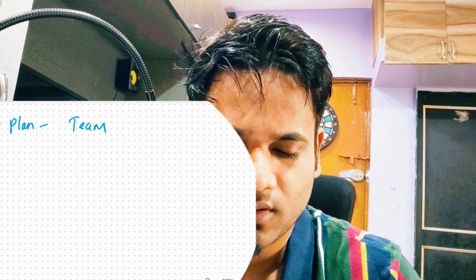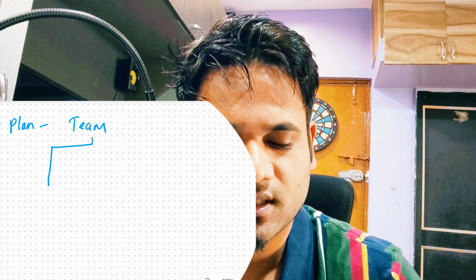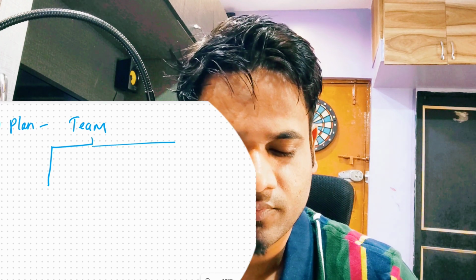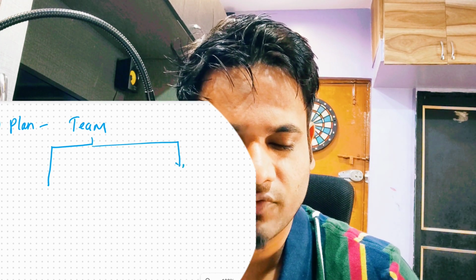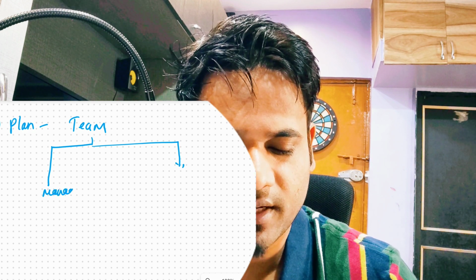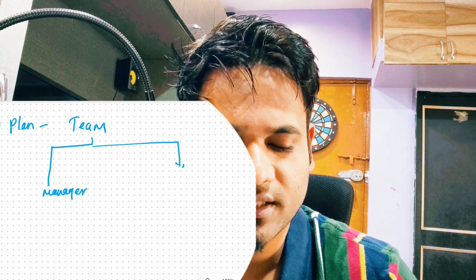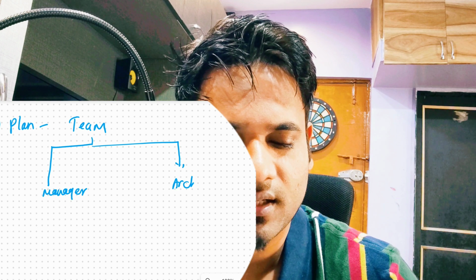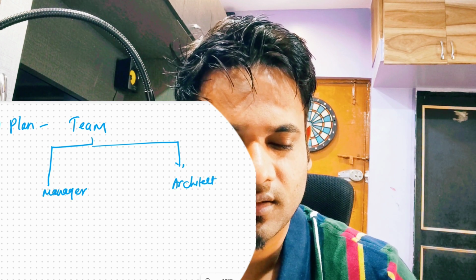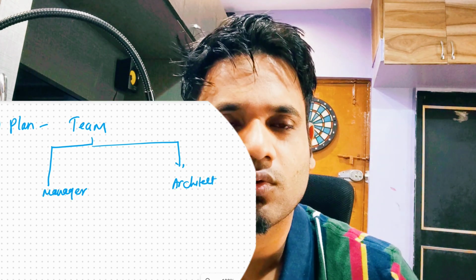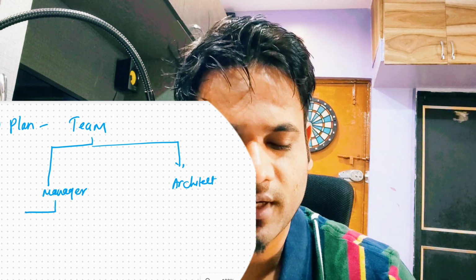So the number one thing when we talk about the plan is your team. The team must have members like: initially, the first member is your manager, who manages the team, and the architect, who knows your infrastructure well.